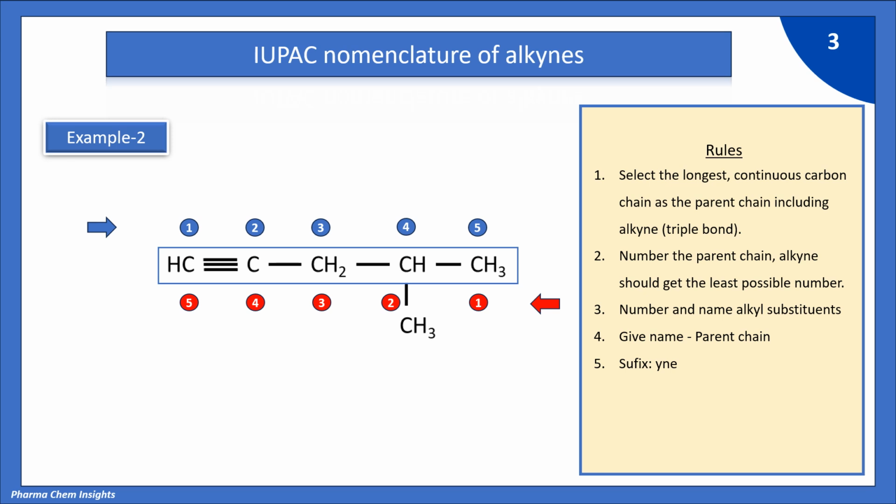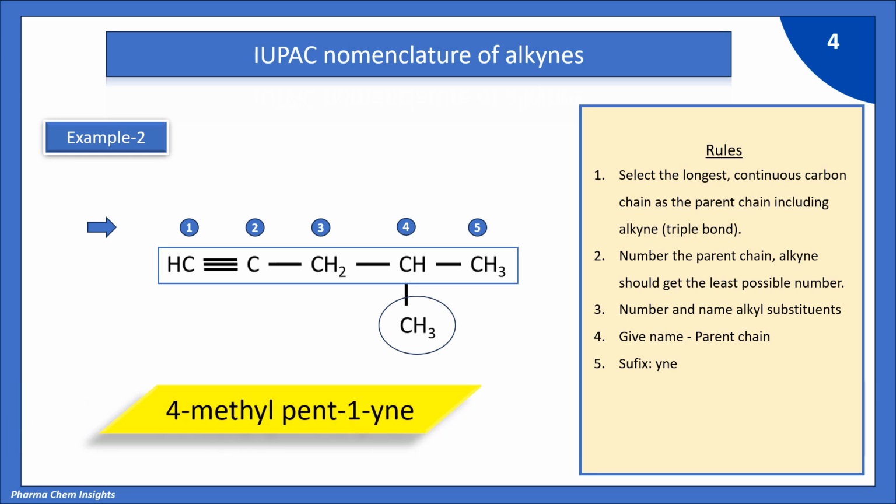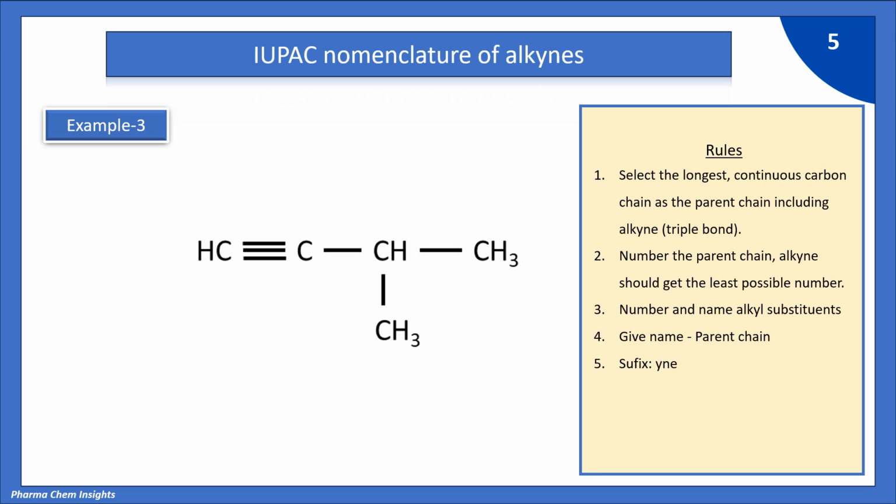In this case, the numbering in blue is correct because the alkyne triple bond carbon is getting the least number, which is 1. We have one methyl group which is at position 4 and hence the name would be 4-methylpent-1-yne.